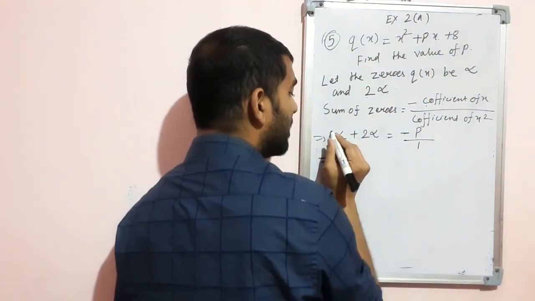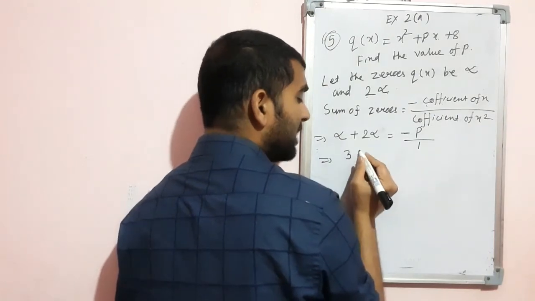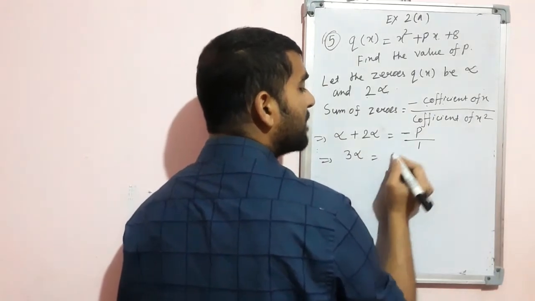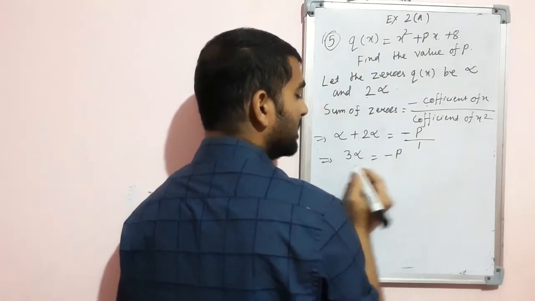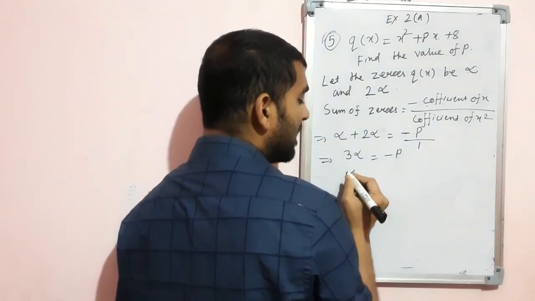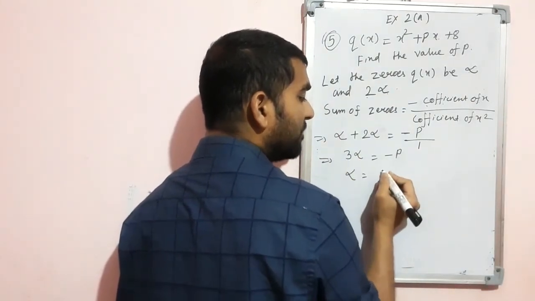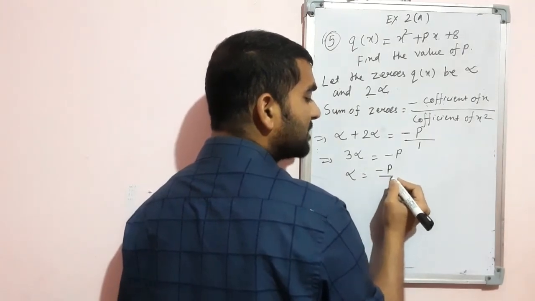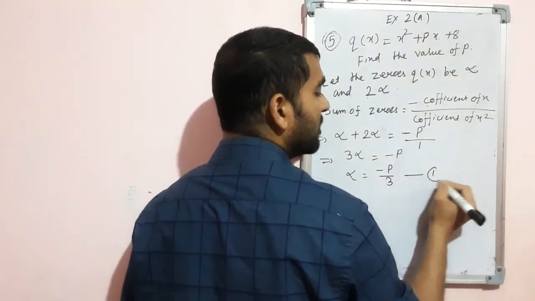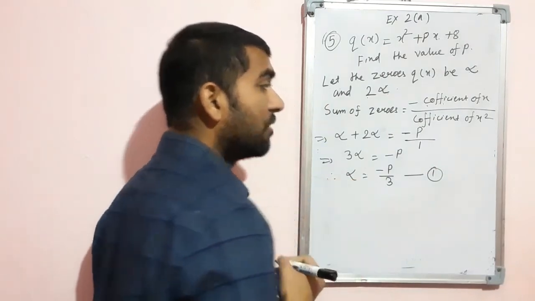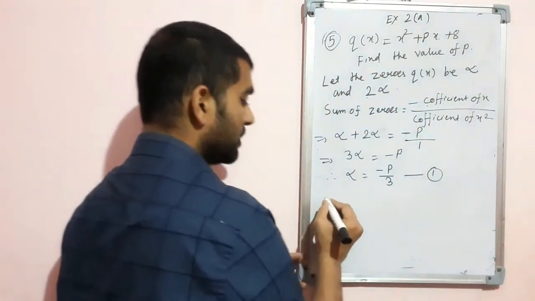Now alpha plus 2 alpha will be 3 alpha equal to minus p by 1, which is minus p. Next step, what will you get? Alpha equal to, here 3 is multiplying, it will go to that side and divide. So minus p by 3. Make it equation 1.